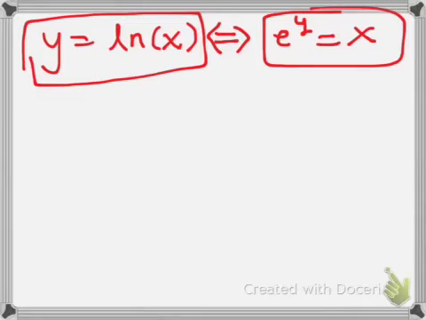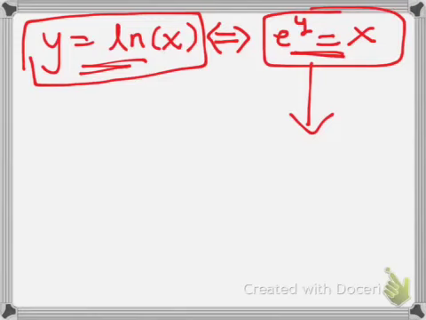So instead of finding the derivative for this one, I'm going to find it for the equivalent equation. Now this function is written implicitly. It's not written as y equals a function of x. It's a function, but it's written implicitly.